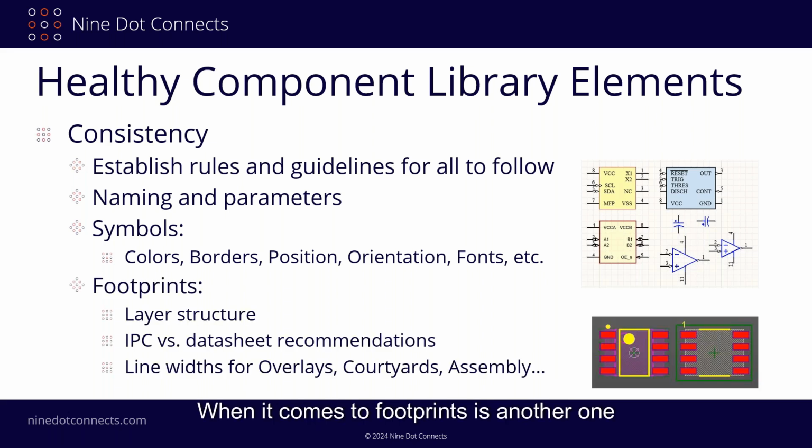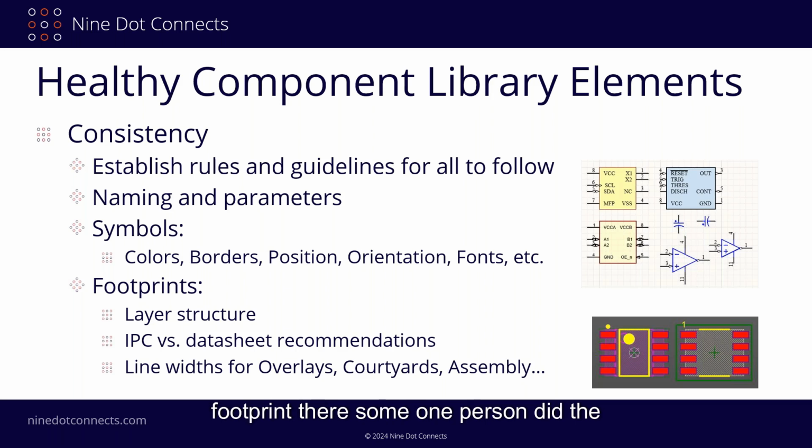When it comes to footprints, this is another one that's very important. We'll get footprints from people's libraries where the mechanical layer structures are all different. Maybe the courtyard's on layer 15 on some of the parts, maybe it's on 18 on others, maybe it's 21 on others. A lot of times courtyards, and any kind of mechanical or drawing type of feature, have different line widths, everything's different.